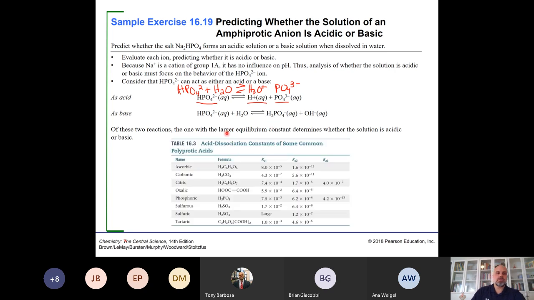So we pull up the table down below, and if we look at the phosphoric acid, the table just gives us phosphoric acid, H3PO4.